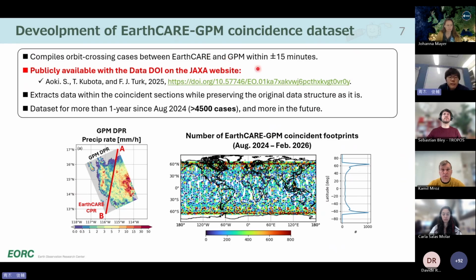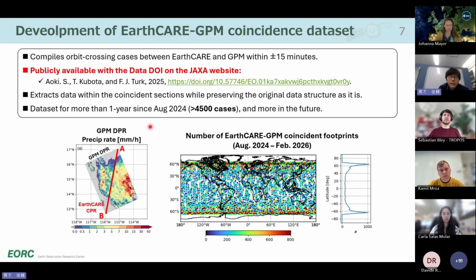The dataset compiles the orbit crossing cases between EarthCARE and GPM within 15 minutes. It is already publicly available through the JAXA website, and it includes the coincidence section while preserving the original data structure.